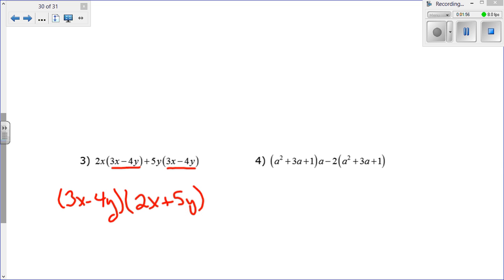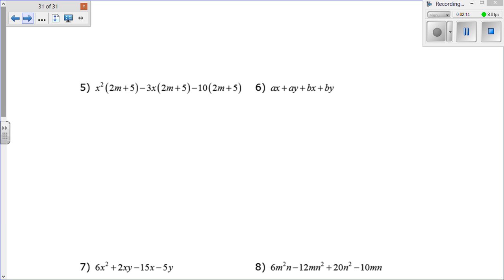For number 4, again, my parentheses match, a squared plus 3a plus 1, and that is my GCF. When I factor that out, I'm left with a minus 2. For number 5, again, my parentheses are the same, 2m plus 5, and I'm left with x squared minus 3x minus 10.